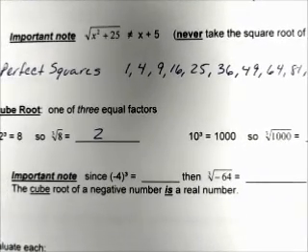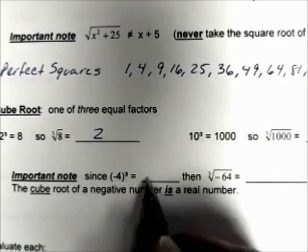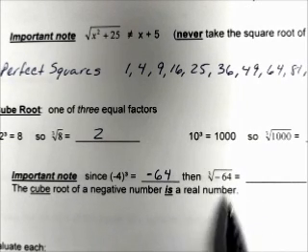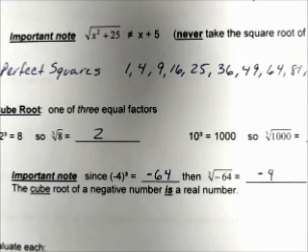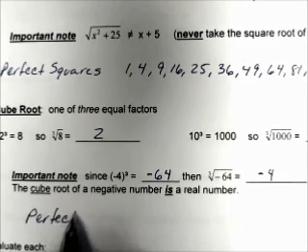Important to note, since negative 4 cubed is equal to negative 64, then the cube root of negative 64 is equal to negative 4. So the cube root of a negative number is a real number. Let's also write down some perfect cubes.